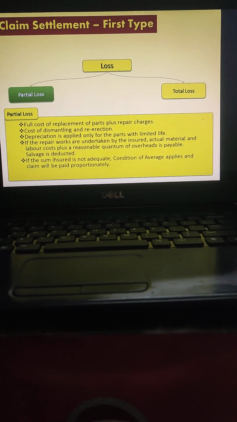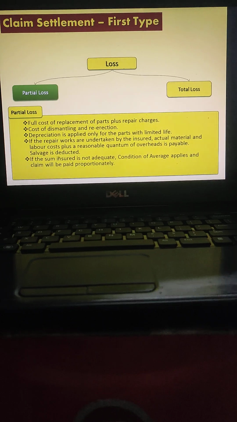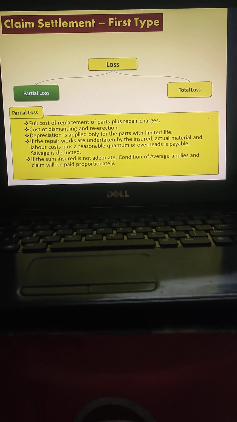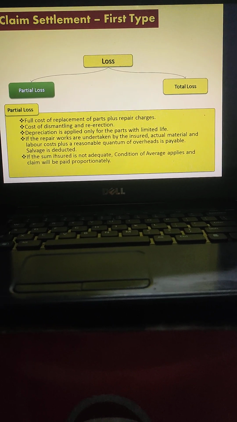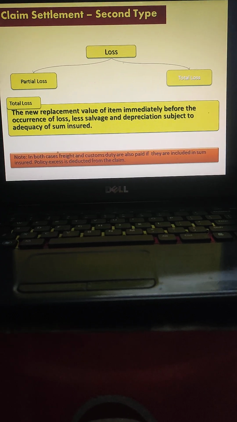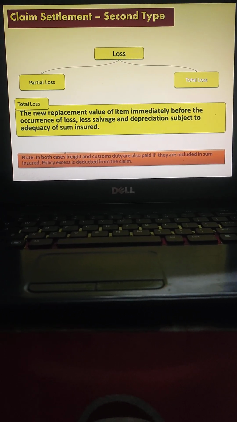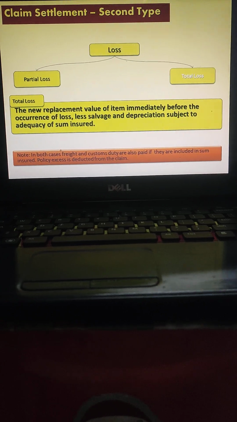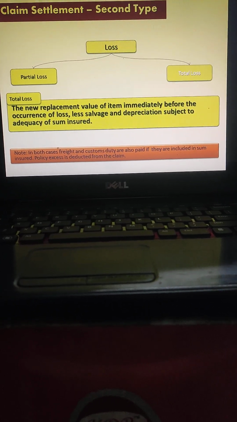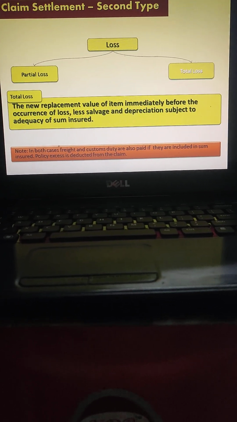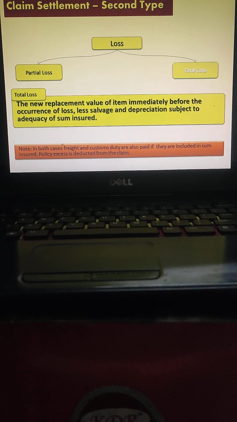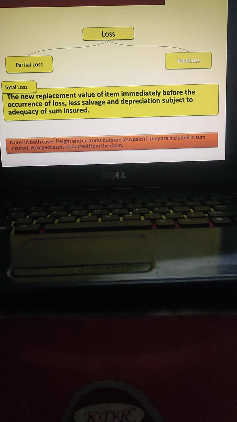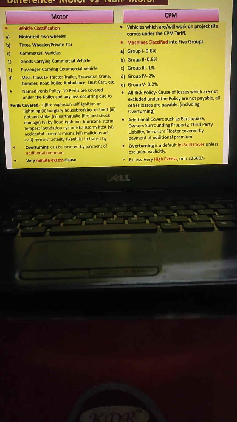And if the sum insured is not adequate, in that case condition of average will apply and the claim will be paid proportionately. Similarly, in case of total loss, the new replacement value of the item immediately before the occurrence of loss, less salvage and less depreciation, subject to adequacy of sum insured. This is the way of settling the claim.